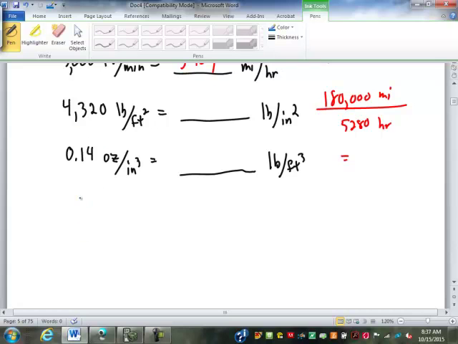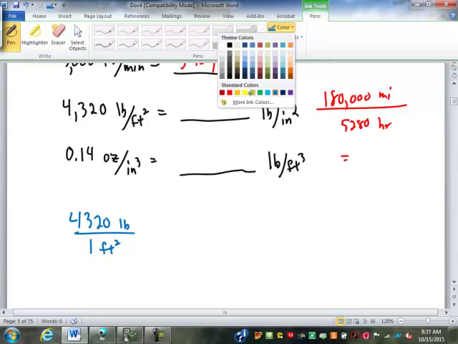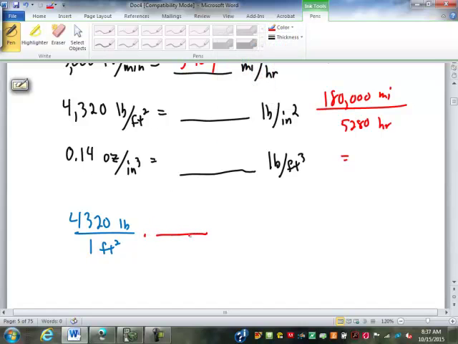4,320 pounds per square foot. We want pounds per square inch. 4,320 pounds per 1 square foot. We're not changing the pounds, we're just getting rid of the square feet and going into square inches.